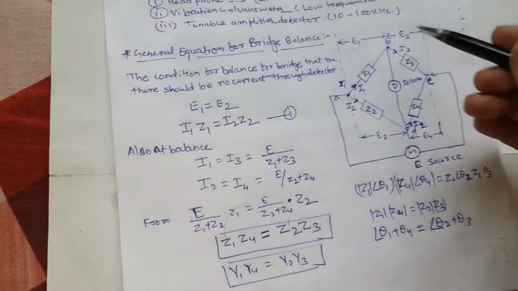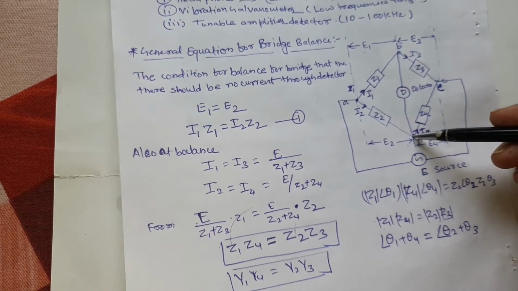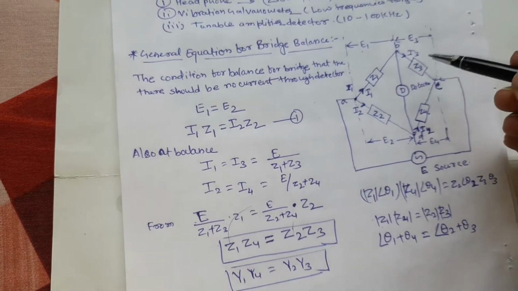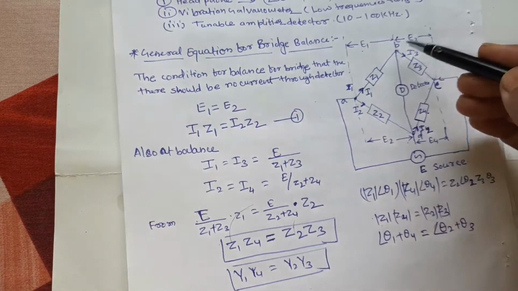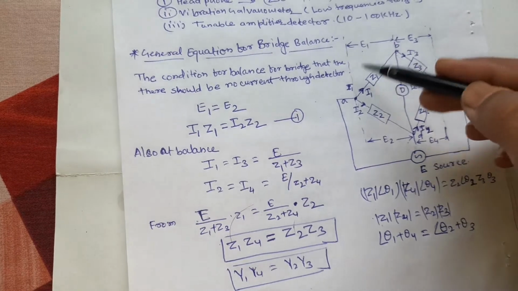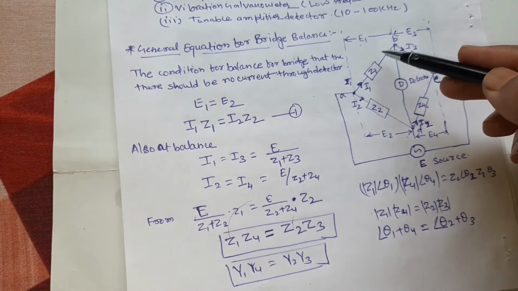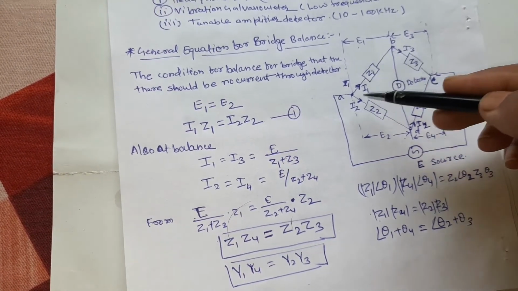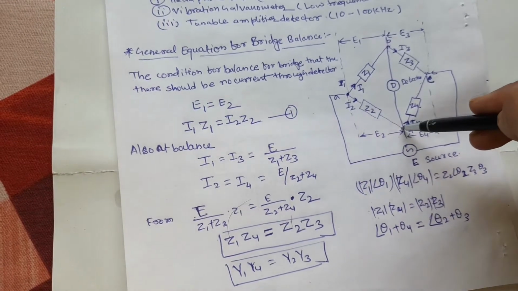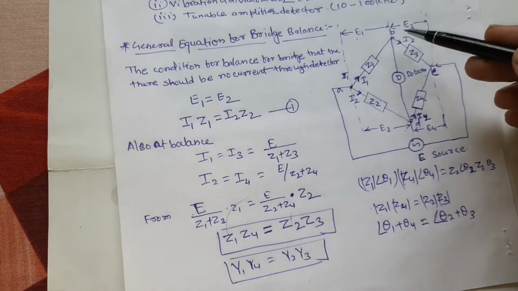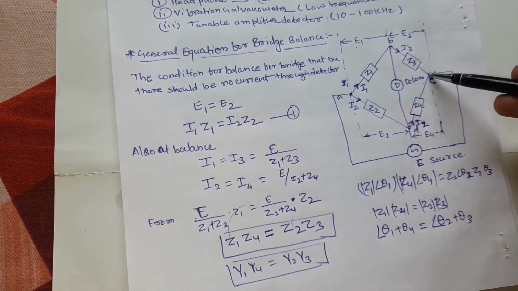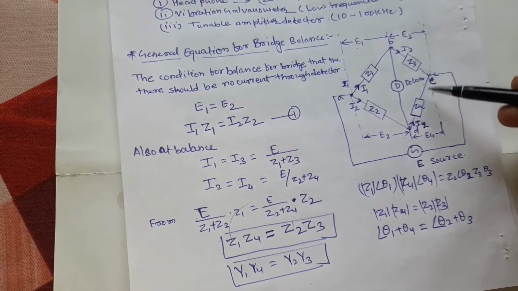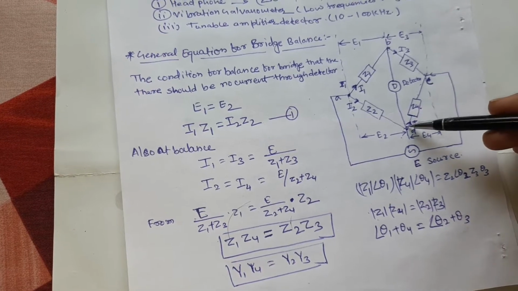At balance condition, when there is no current through the detector, the voltage drop across branch 1 must be equal to the voltage drop across branch 2, and in the same way the voltage drop across branch 3 must be equal to the voltage drop across branch 4.